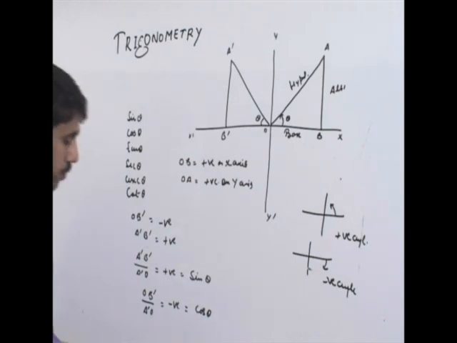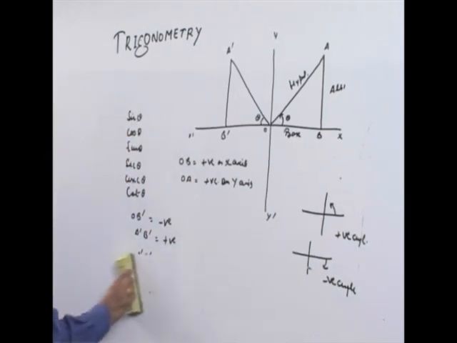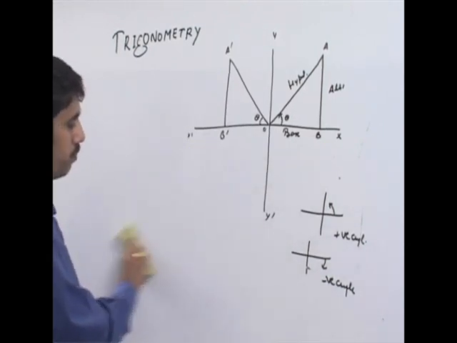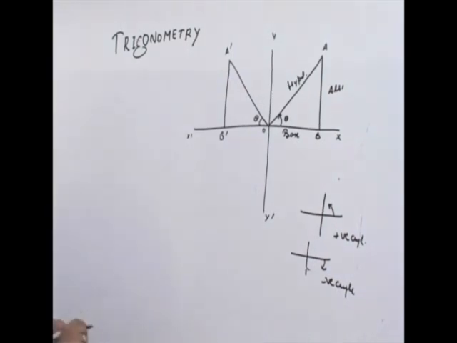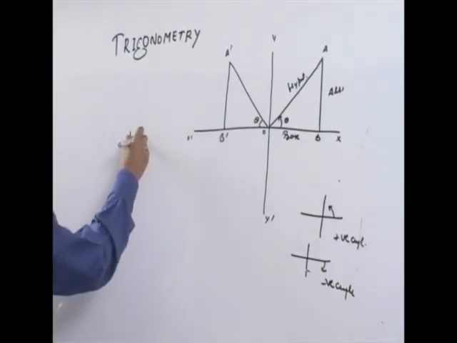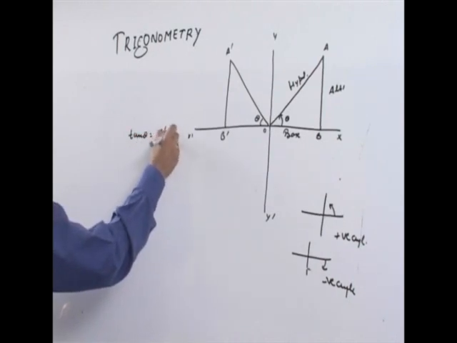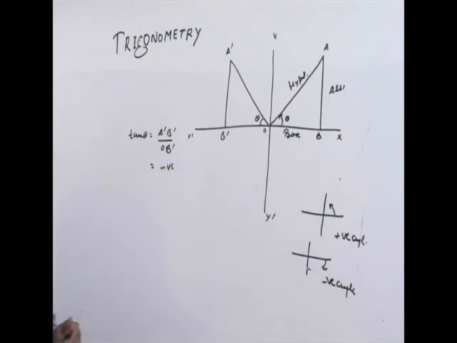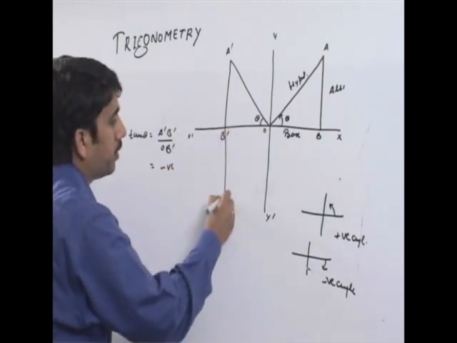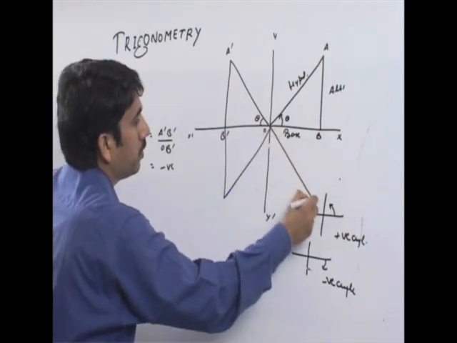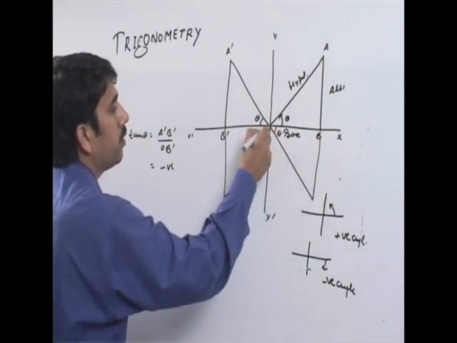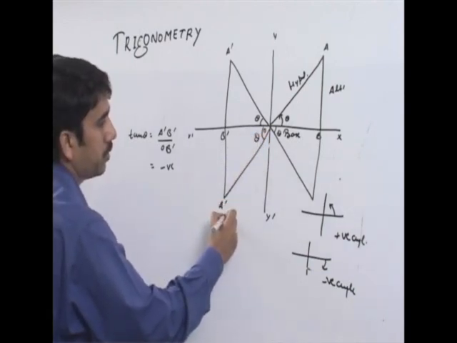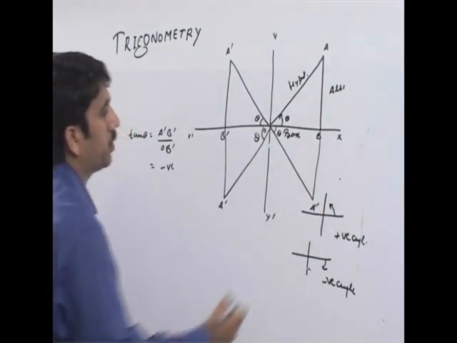And in a similar way, you can say that tan theta is also A dash B dash over OB dash, which is again negative.